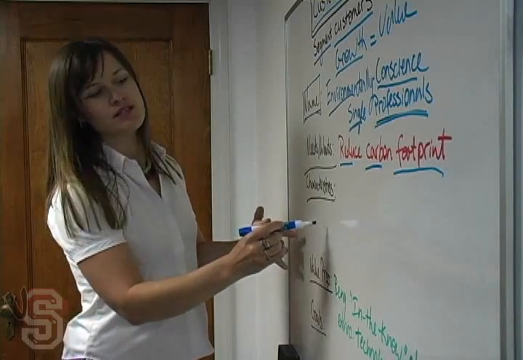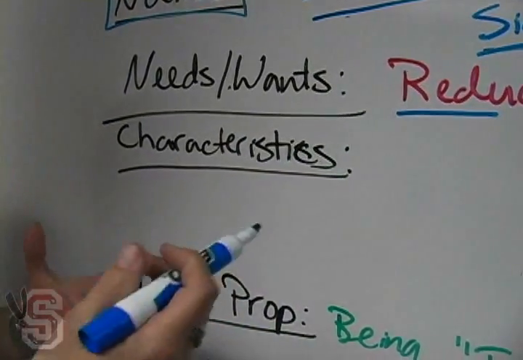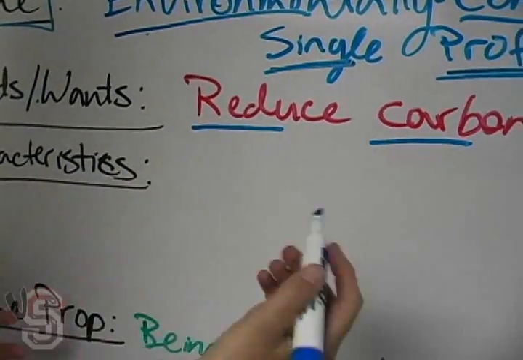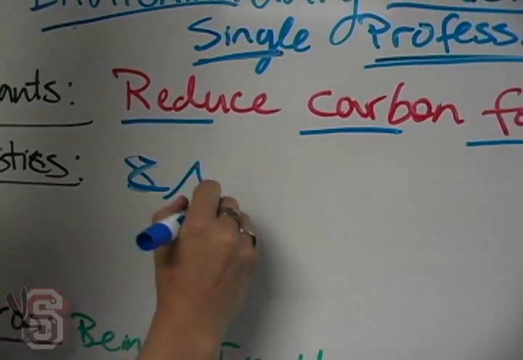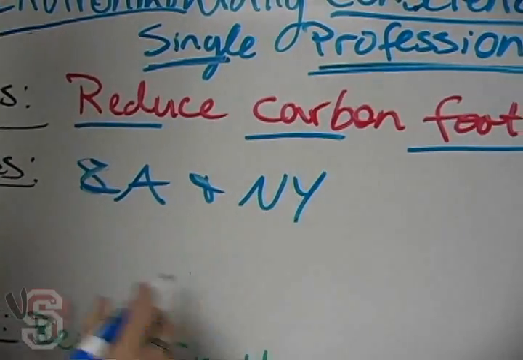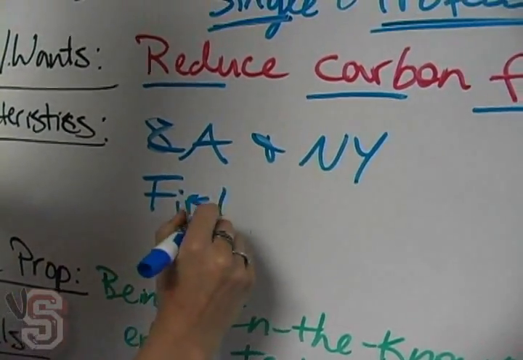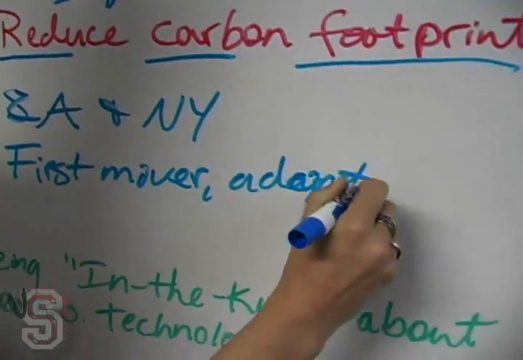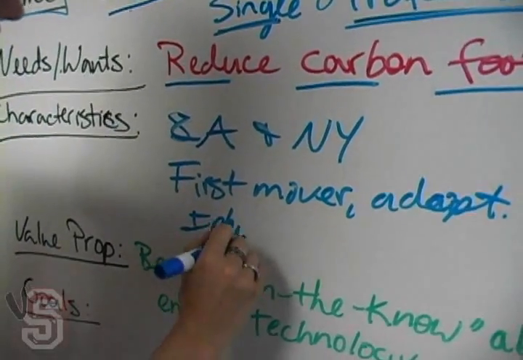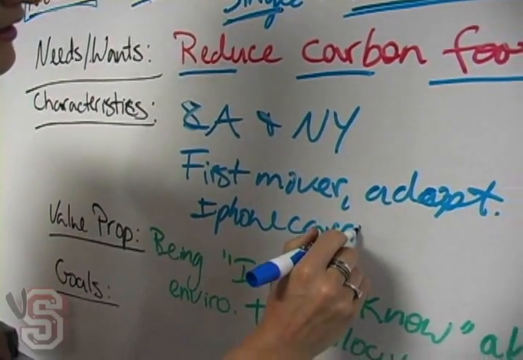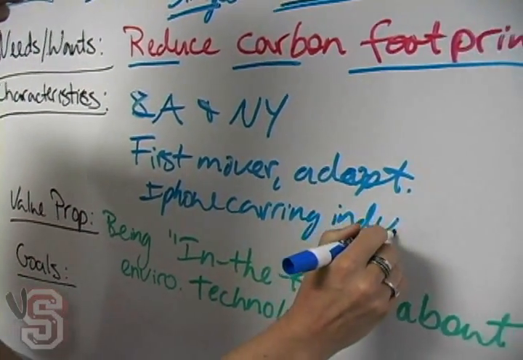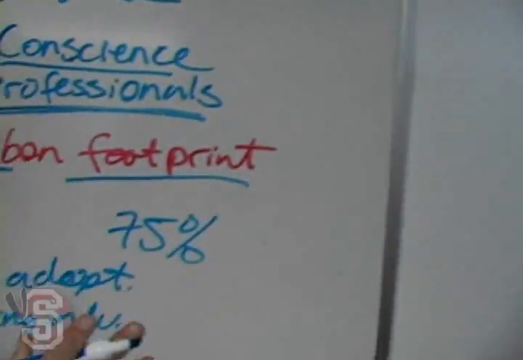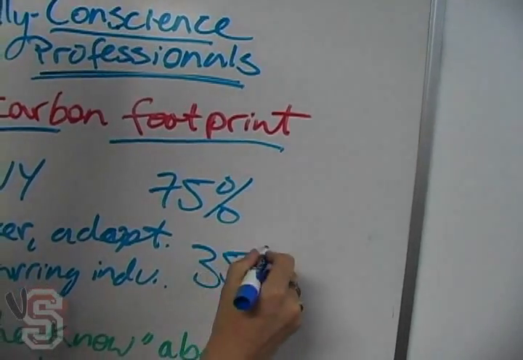Next, we roll to characteristics. So who are these people? Let's see if we can define them well enough to shake their hand. Interestingly enough, they happen to be living in California and New York, first movers or adopters of technology, iPhone-carrying individuals, and about 75% of this group happens to be male, and they also happen to be over 35.